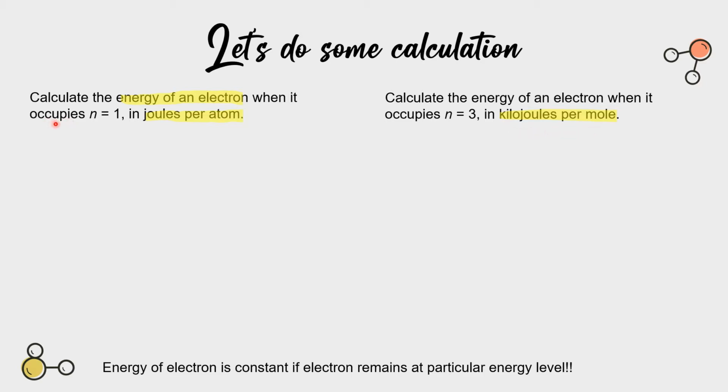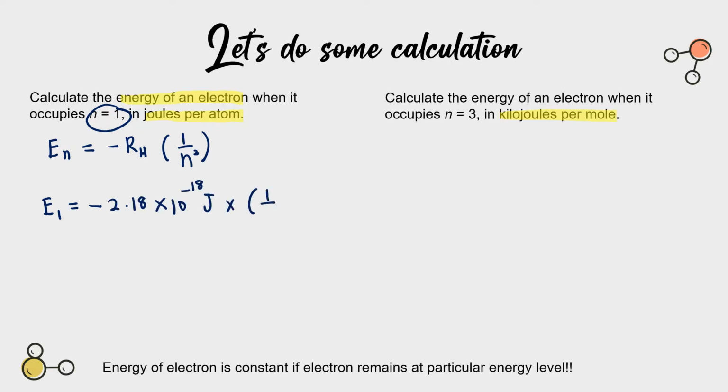In the first example, you are going to calculate the energy of an electron when it occupies n=1 in joules per atom. In finding this answer, you have to use the previous formula. By using the above En formula, the unit in the final answer will be joules per atom.